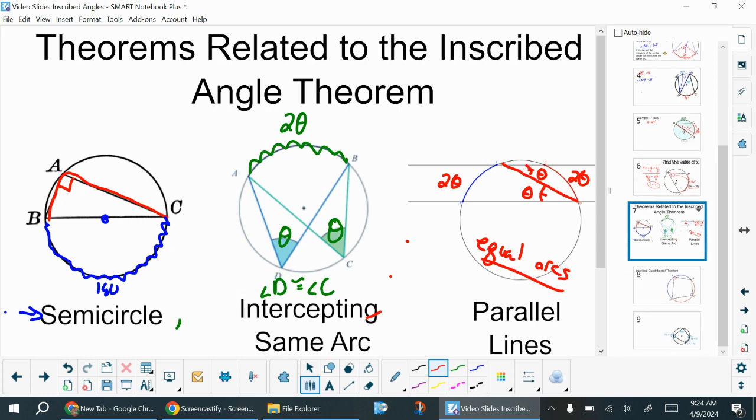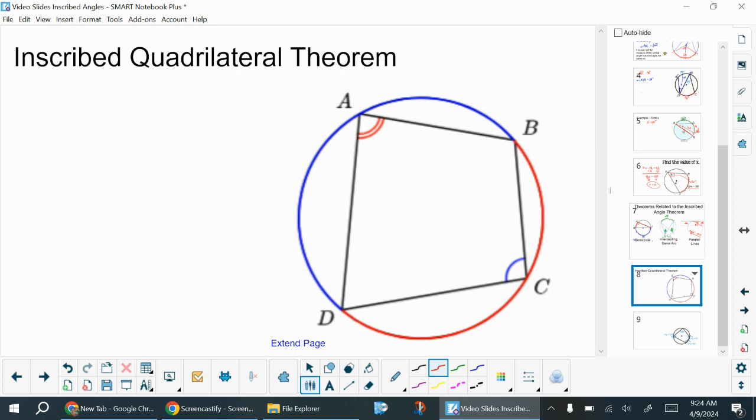Okay, last one, and this one actually did have you write down in your notes, is the inscribed quadrilateral theorem. And so we're going to go through and just deductively talk about this, right? So if I look at this blue arc, I know that whatever that blue arc is, this blue angle is half of that.